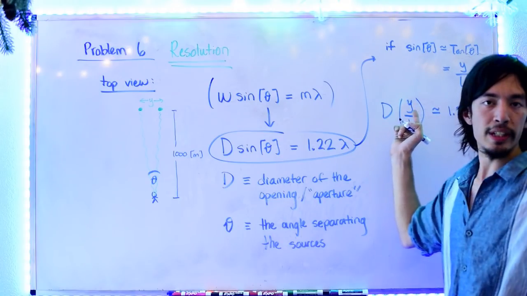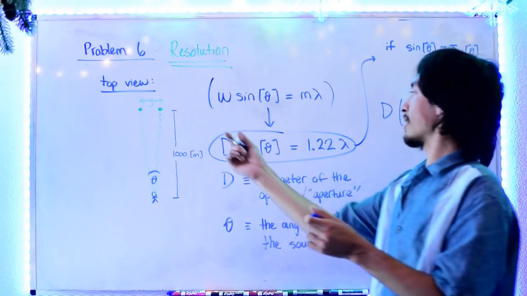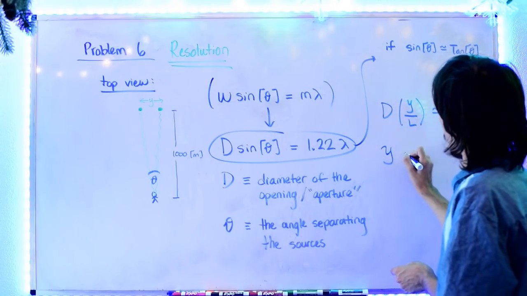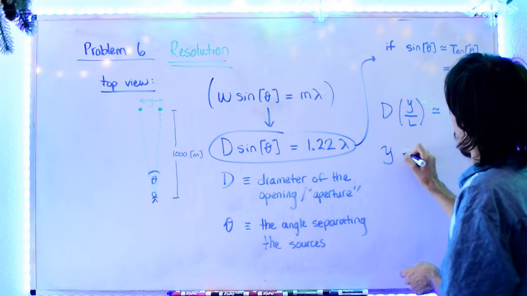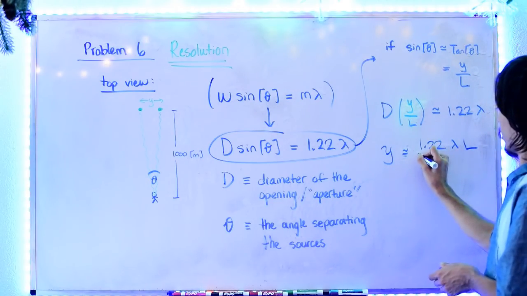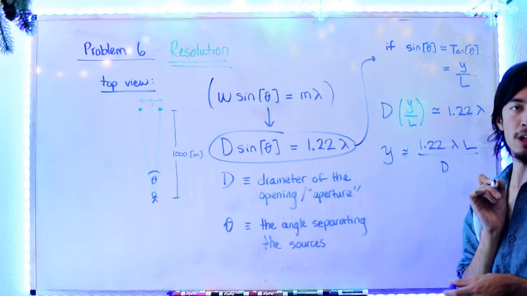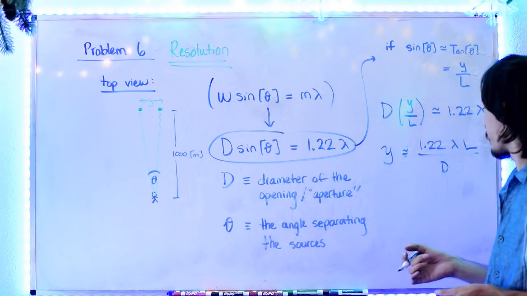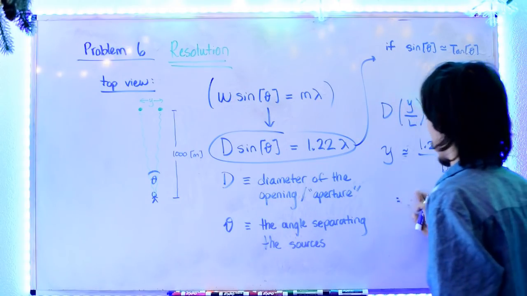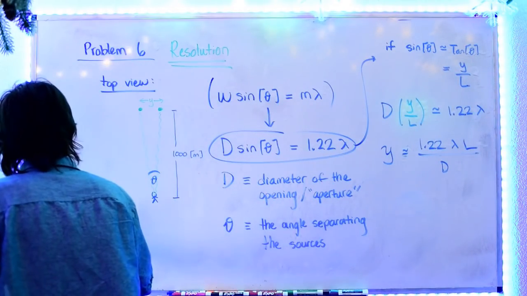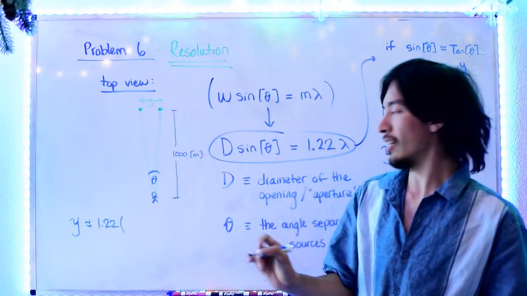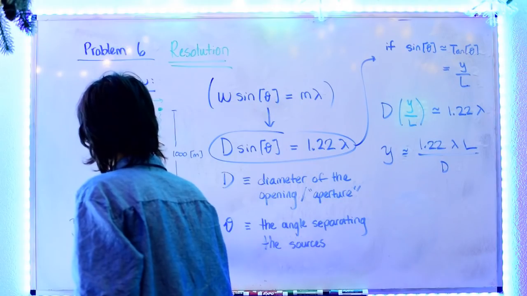And you can solve for the distance y, which is the distance that separates the two sources of light in our case. So y is approximately 1.22 lambda times L divided by the diameter of that opening, which is the pupil. Y is approximately 1.22 lambda, which is given to be 550 nanometers.